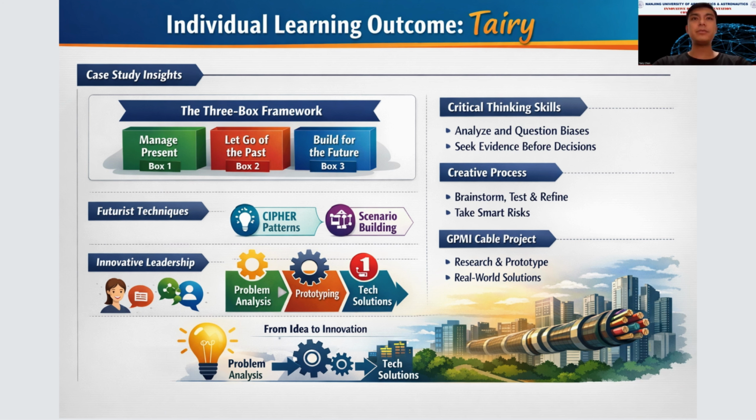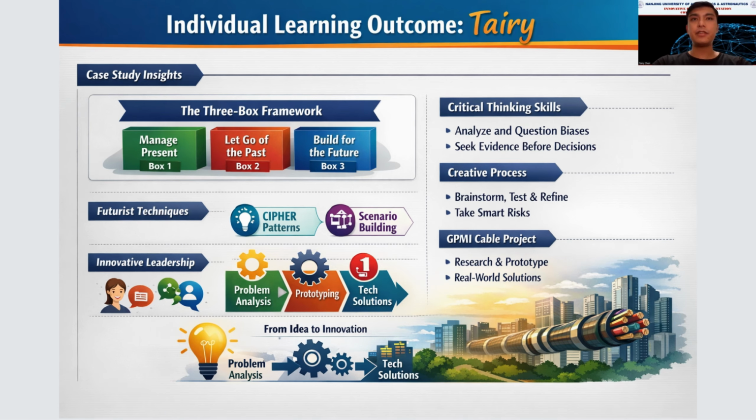I also developed practical skills in futuristic techniques, such as identifying trends with the Cypher model and using scenario building to anticipate change. This was combined with strengthening my core critical thinking skills, specifically learning to rigorously analyze information, question my own biases, and seek solid evidence before making decisions.